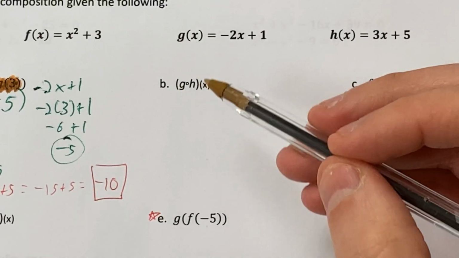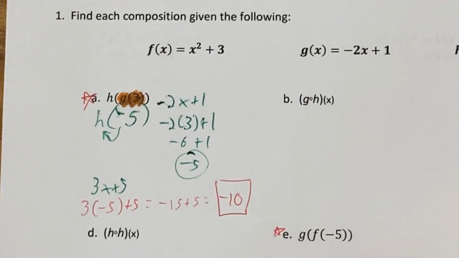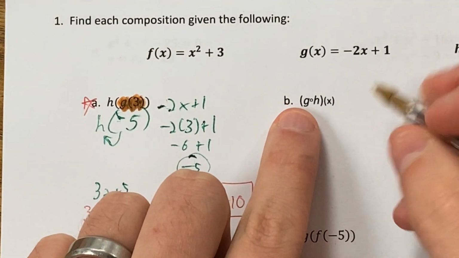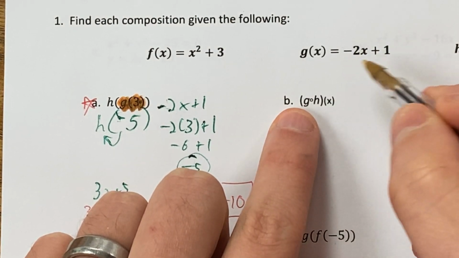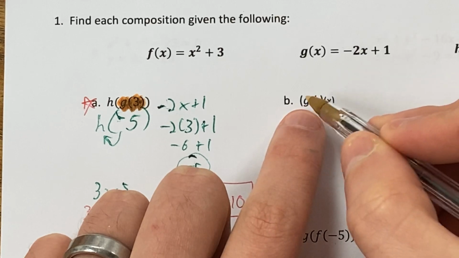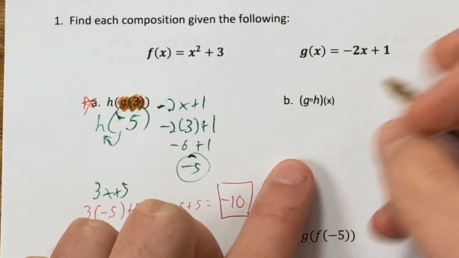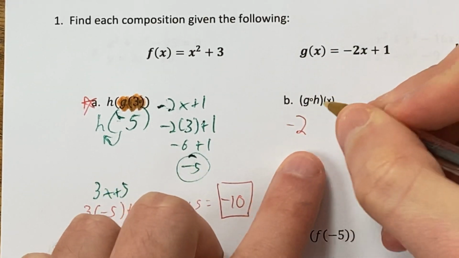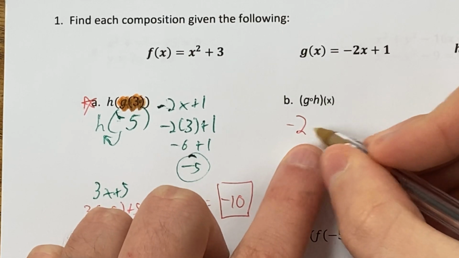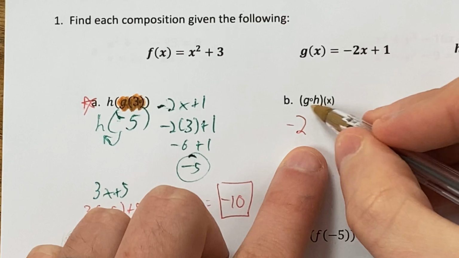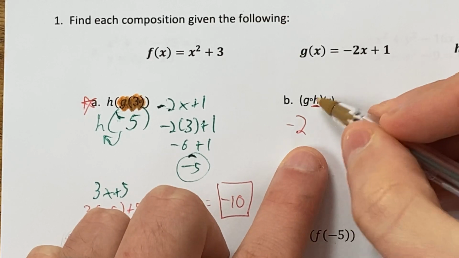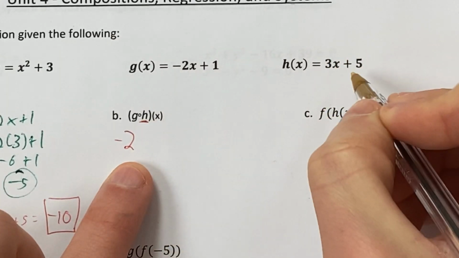B says to do g of h of x. What you do then is you start with g. G is negative 2x plus 1. You start writing negative 2x plus 1, but you stop when you would write x. So you don't write x. It's negative 2 times x, but instead of x, you're going to use h, which is over here.